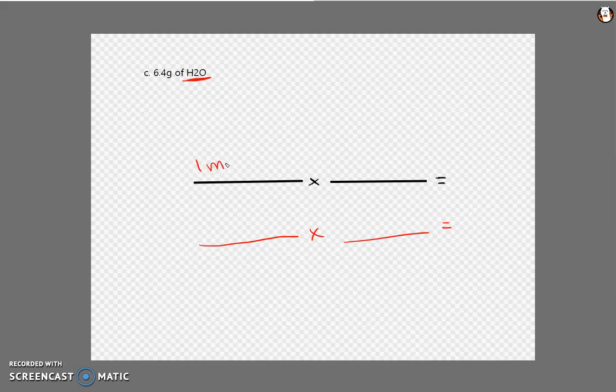So it would be 1 mole of O is equal to 16.00 grams. And then it would be 1 mole of O, and then you would just get 16.00 because this will cancel out.